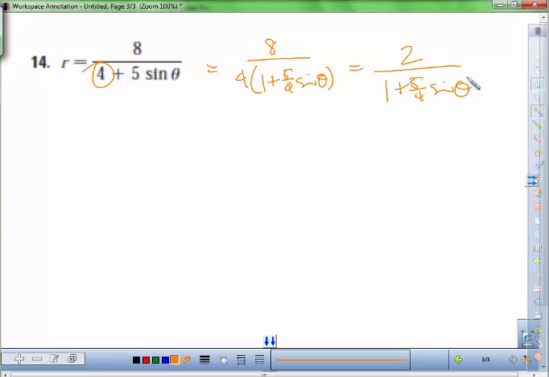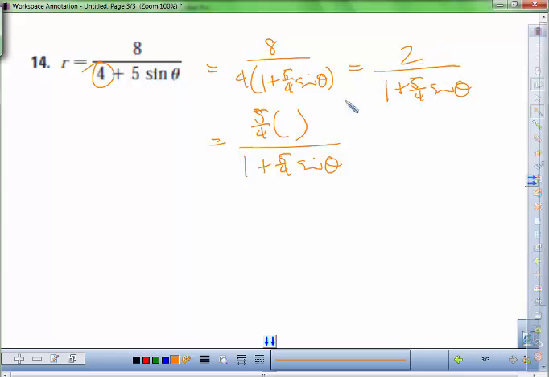So according to the formula, it looks like you have your eccentricity already identified, but your eccentricity doesn't live up here yet. So what you want to do is one more little massaging thing. You want to know what you multiply 5/4 with to get 2, because that's what this value is.